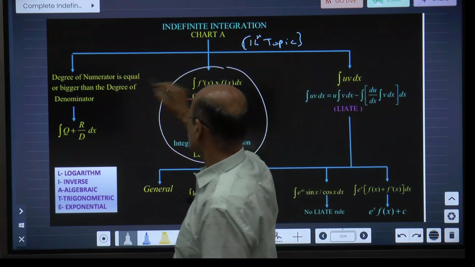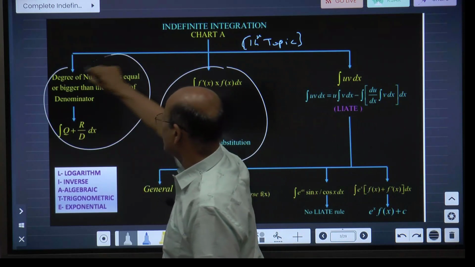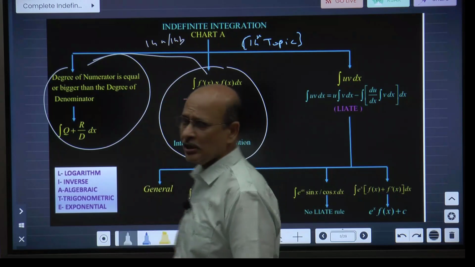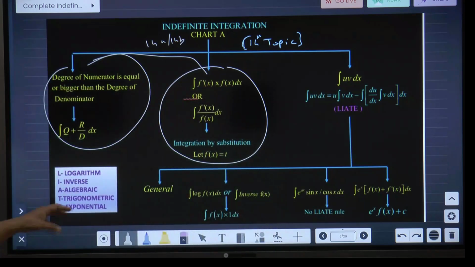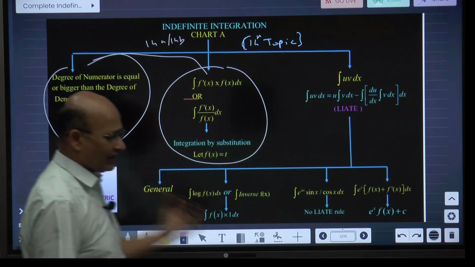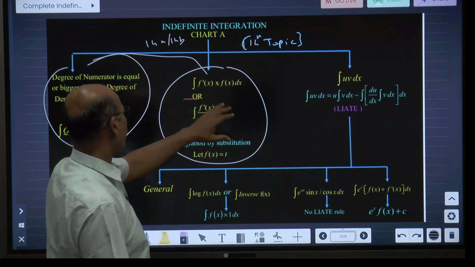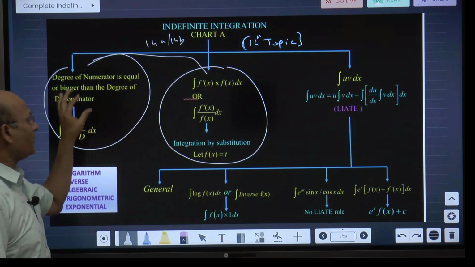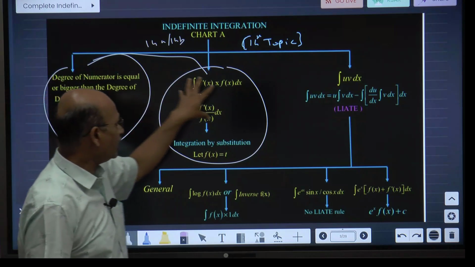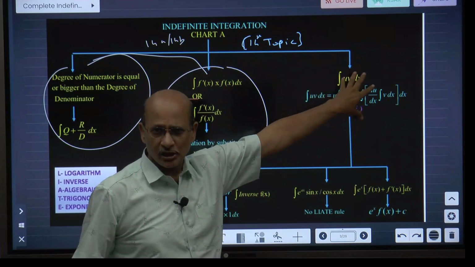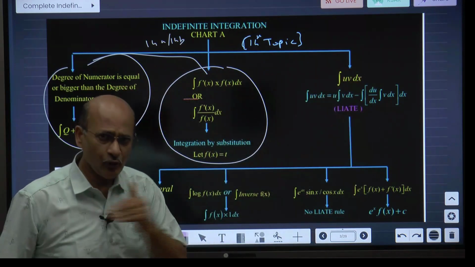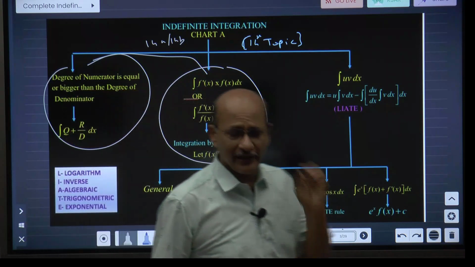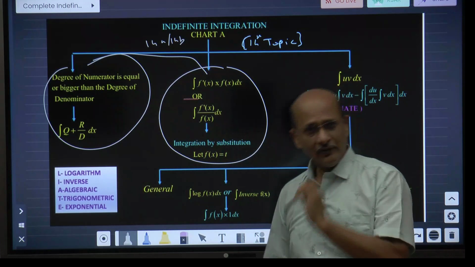So both the exercises, 14A and 14B, keep that in mind. Okay, so let us go one by one. I will come back to this chart whenever required. What you see in this chart are the core methods: long division, integration by substitution and integration by parts. So the complete 14th topic is dedicated to this. It's a very, very important lecture, very important type of sums in core methods.